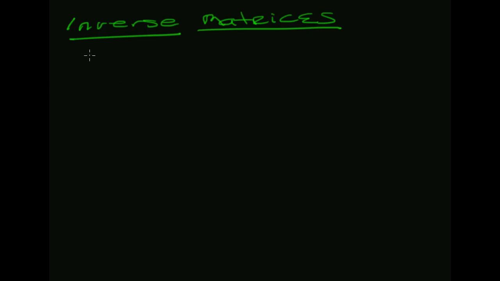Okay, so if I have an inverse matrix, I'm going to let myself have a matrix A, which is going to be n by n. So this has to be a square matrix, okay? In order for a matrix to be invertible, it has to be square. And then I'm going to have another matrix called A inverse, also a square matrix.